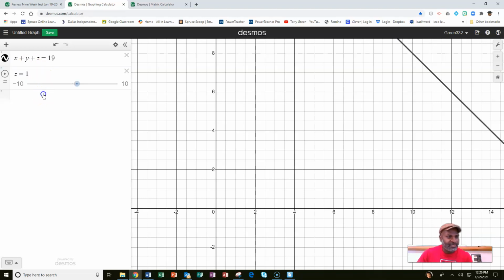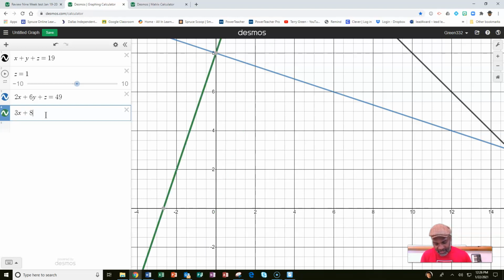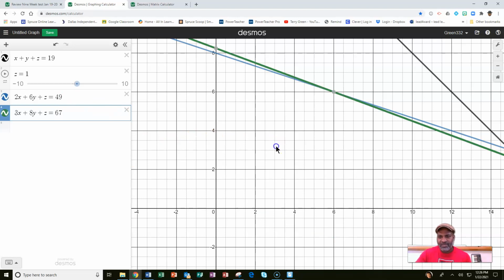Then next, I'm going to enter my second equation, which is 2x plus 6y plus z, and I want that to be equal to 49. There's my second line. Then let's put in my third line, which is 3x plus 8y plus z, and I want that to be equal to 67.